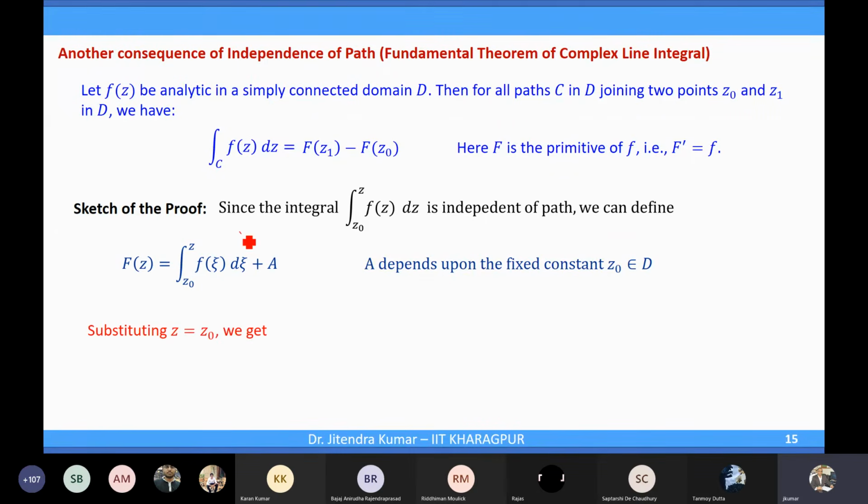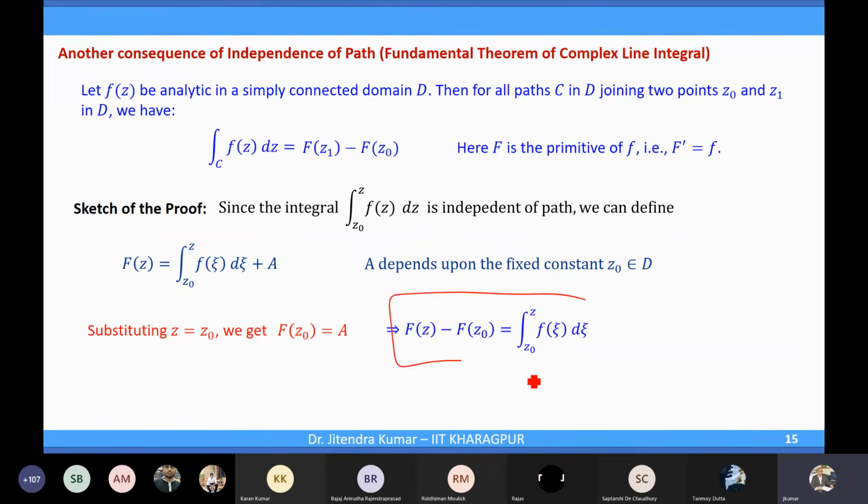If we substitute z equal to z0 in this relation, what is a? A is nothing but F(z0), because from z0 to z0 this integral is obviously 0.